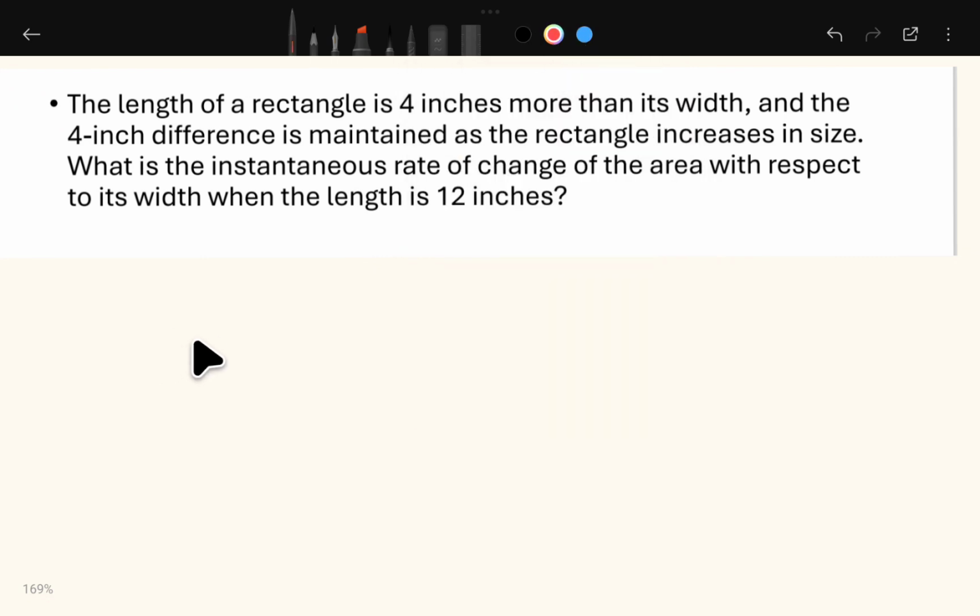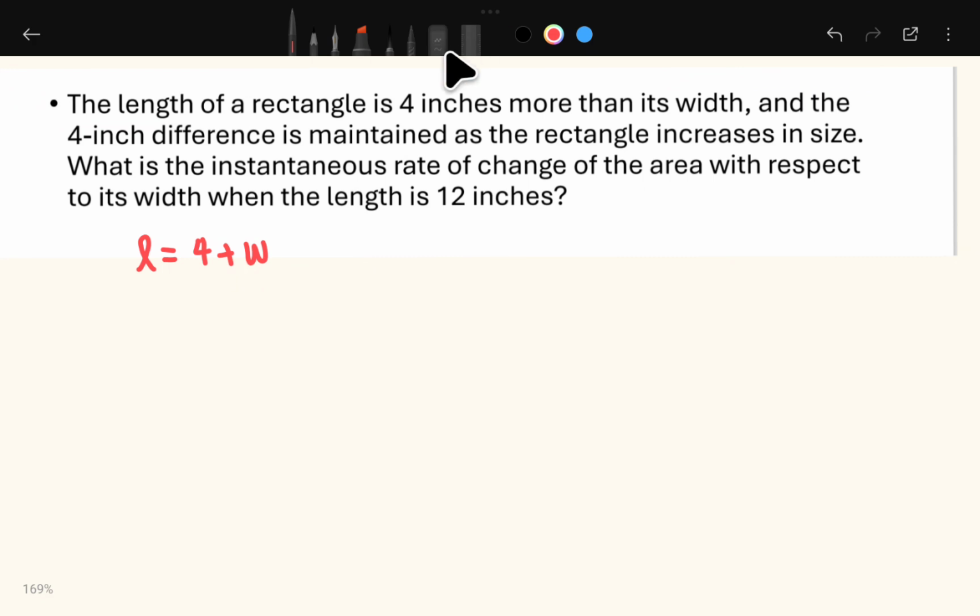Suppose this is the rectangle. So the length is said to be 4 inches more than its width. And we need to find the rate of change of the area.